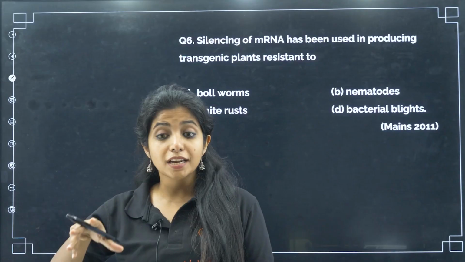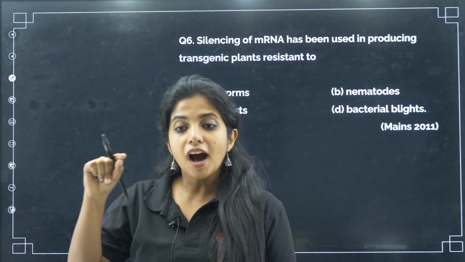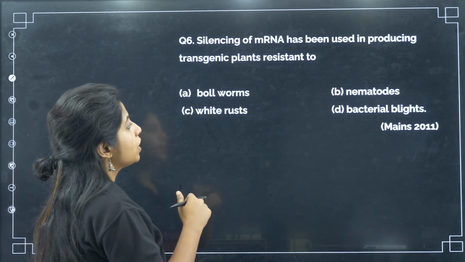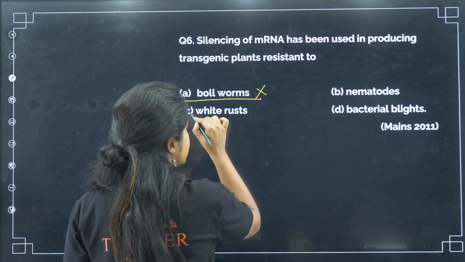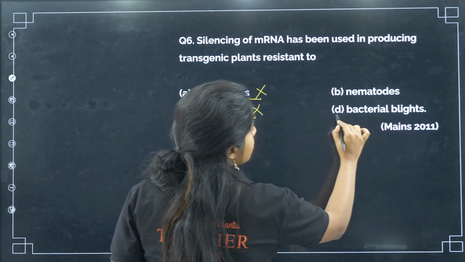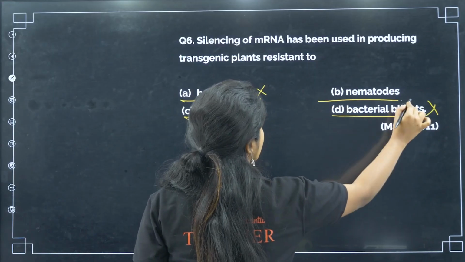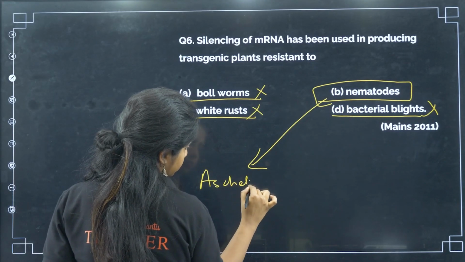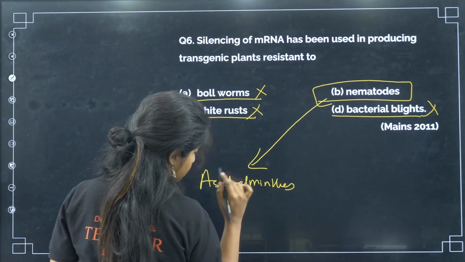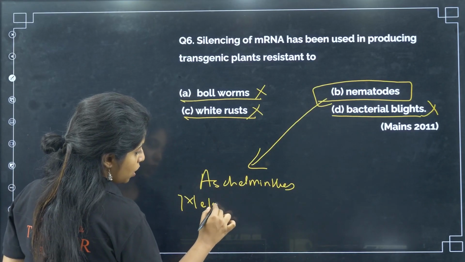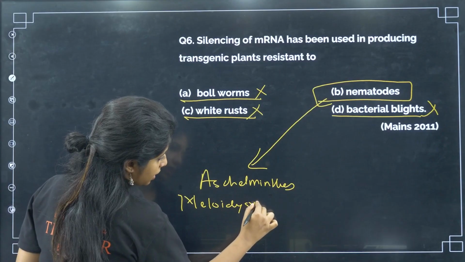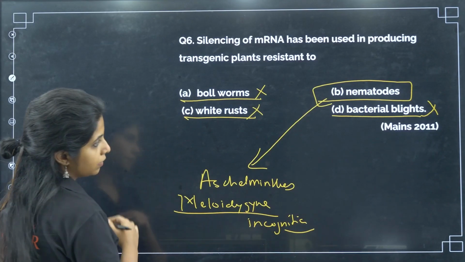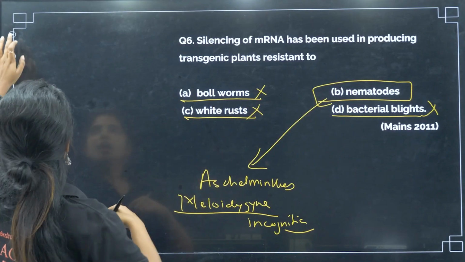It's where the silencing of RNA was introduced. The RNA of Meloidogyne incognita was silenced with the help of this method. Meloidogyne incognita is not a bollworm, bollworms are insects, not Viceroy, that is fungus, not bacterial blights also. It is a nematode. Nematodes basically are Aschelminthes. The specific name of the organism is Meloidogyne incognita. So this becomes your answer.